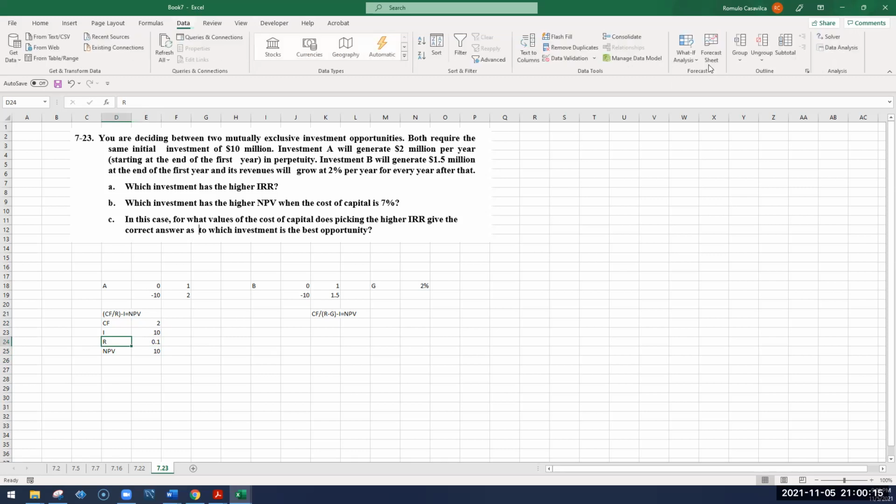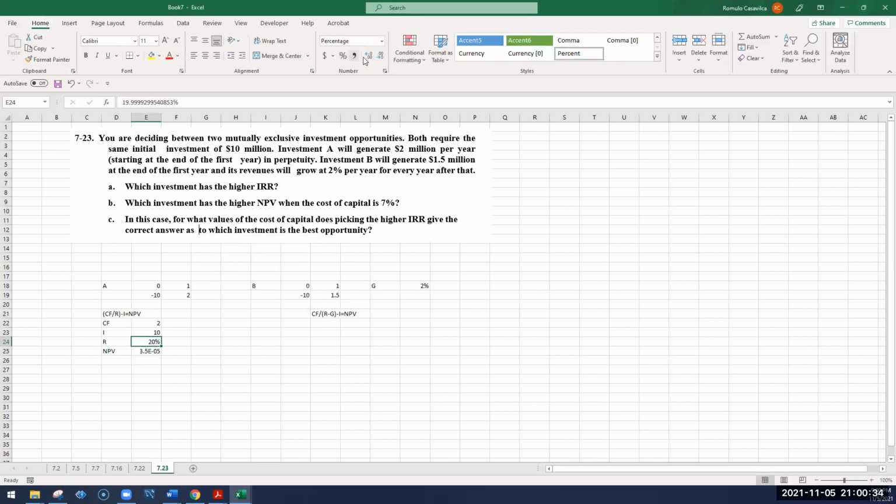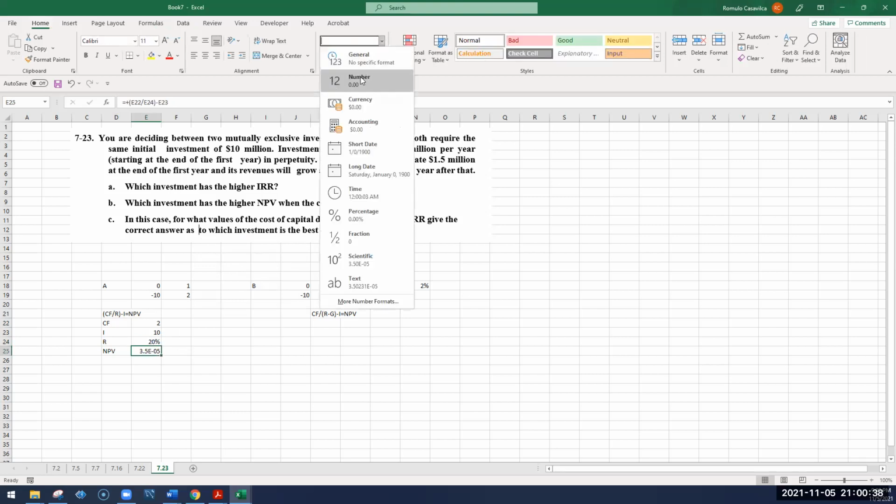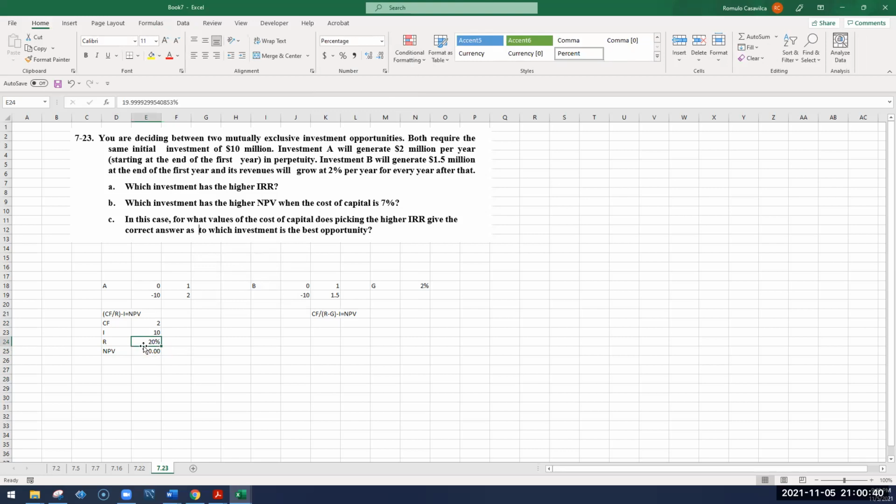I go to what-if analysis, goal seek. This cell will be equal to 0, changing this cell. There you go, that's 20%. This is 0, obviously, so this is my rate.